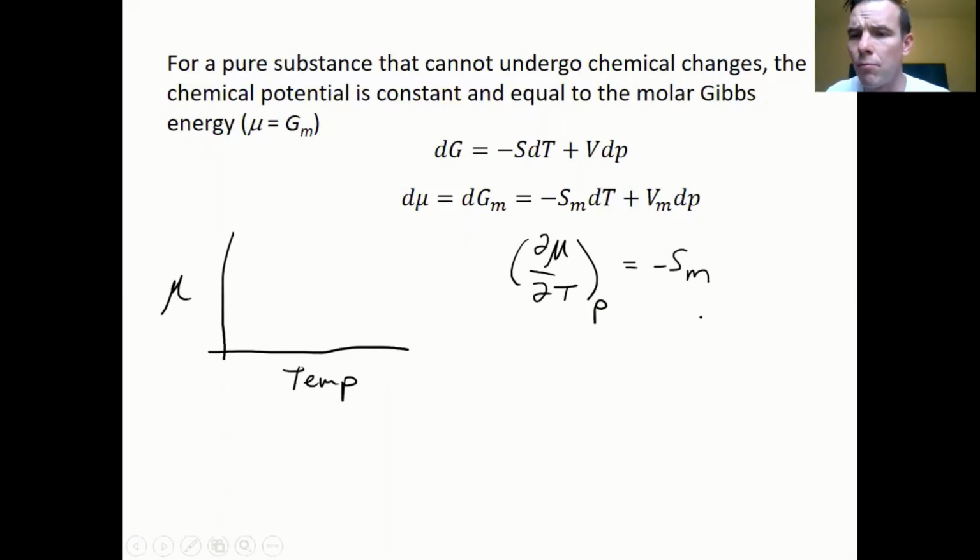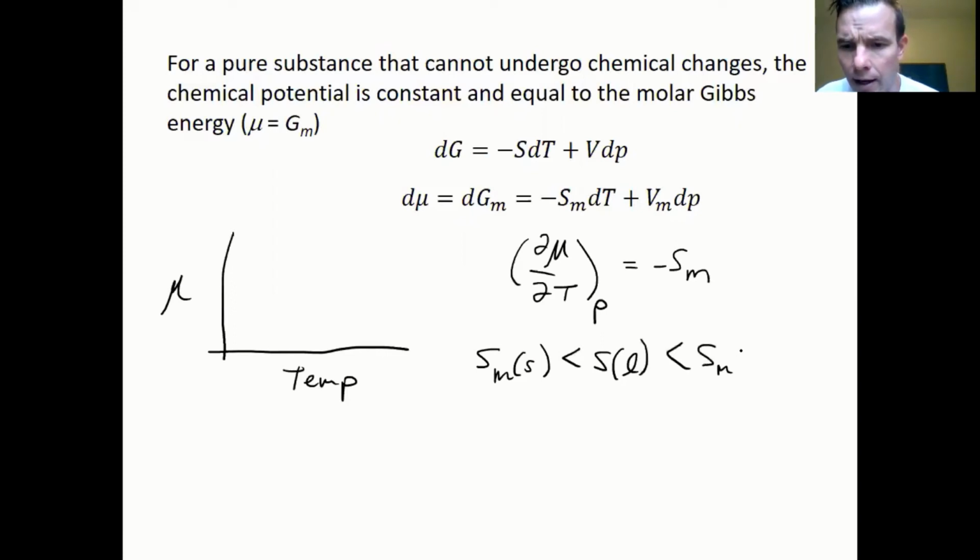So it's related to the molar entropy of the substance. I also know that the molar entropy of a solid is less than that of a liquid, which is less entropic than a gas. Gases are our most entropic species, solids are our least.